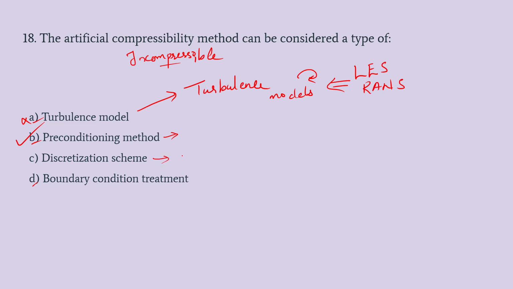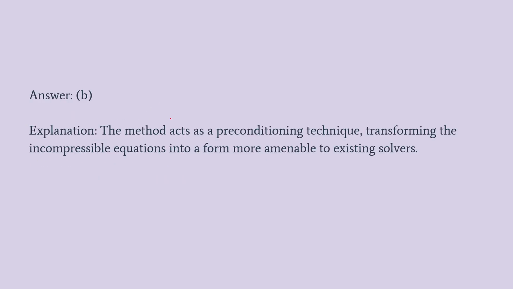We have seen central differencing scheme, upwind scheme, forward differencing, backward differencing. All such methods are called discretization schemes. And boundary condition treatment: we know the types of boundary conditions and how they are incorporated in the discretization scheme. All such things are different, but here artificial compressibility is a preconditioning method or preconditioning technique.